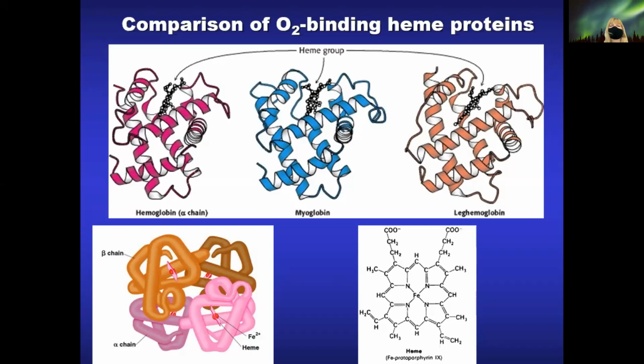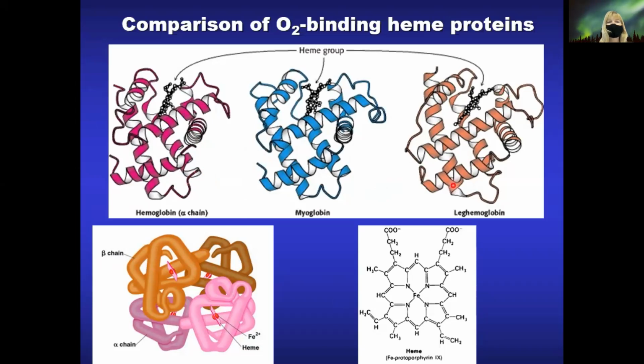I just wanted to show this. Anyone who is familiar with animal or human physiology has probably seen hemoglobin or myoglobin. This is the three-dimensional structure of the protein complex with the alpha helices and beta sheets. Here's the subunit complex of hemoglobin, and then leghemoglobin.